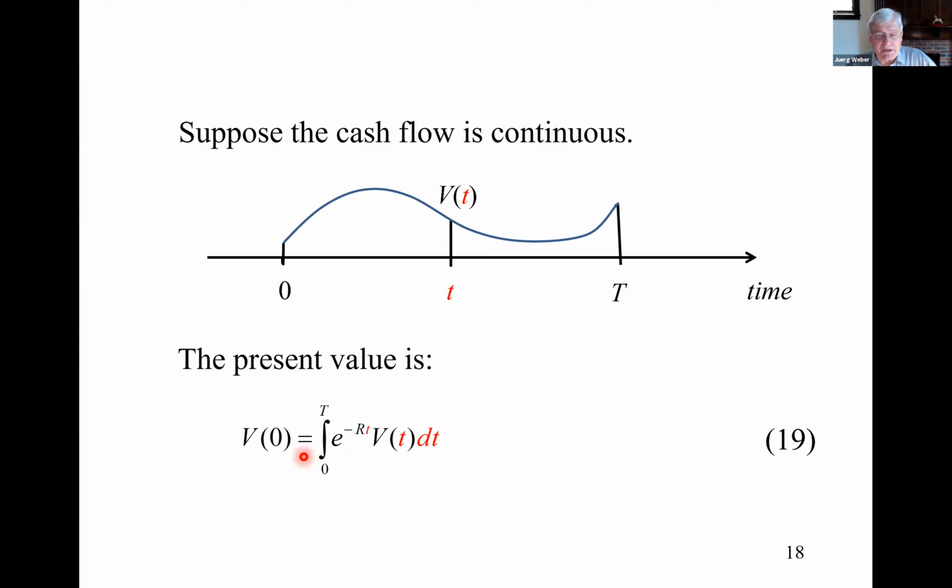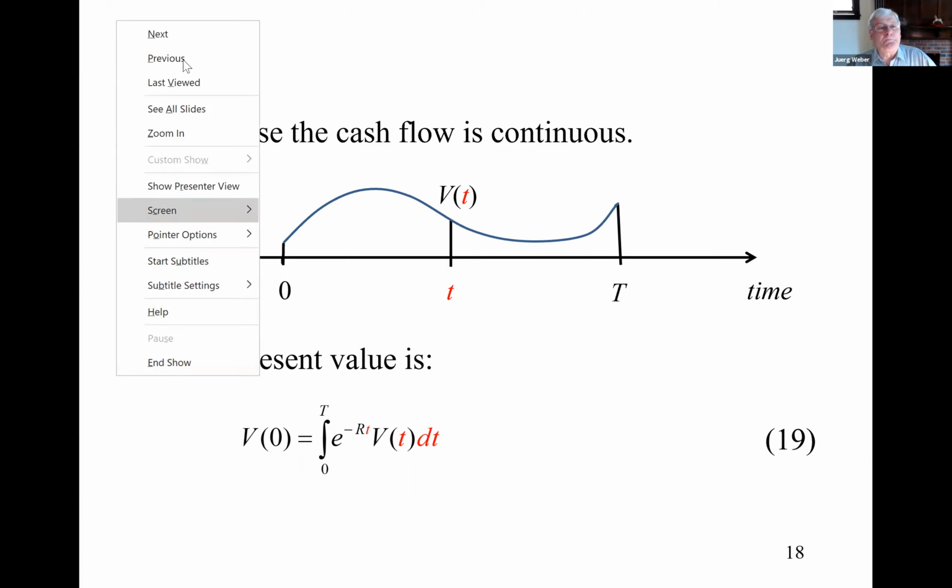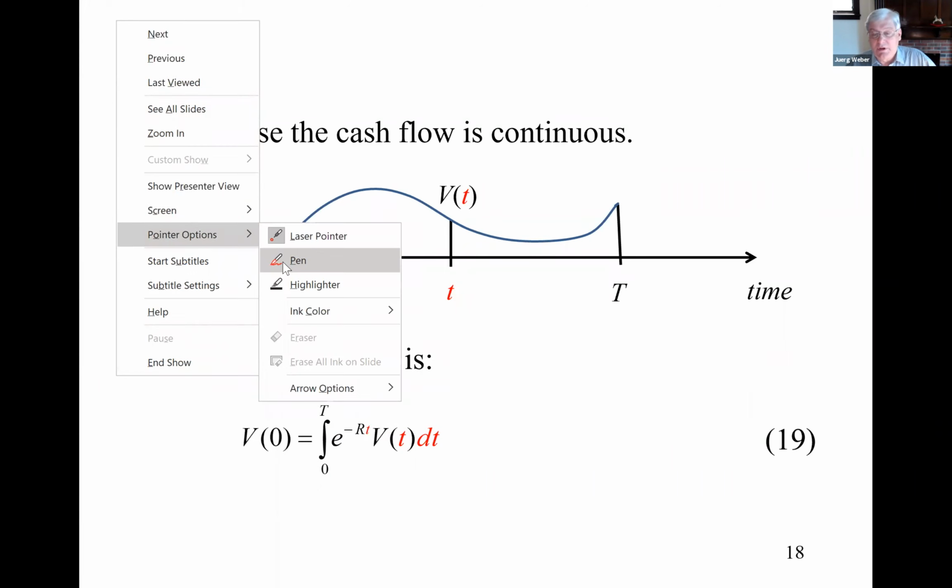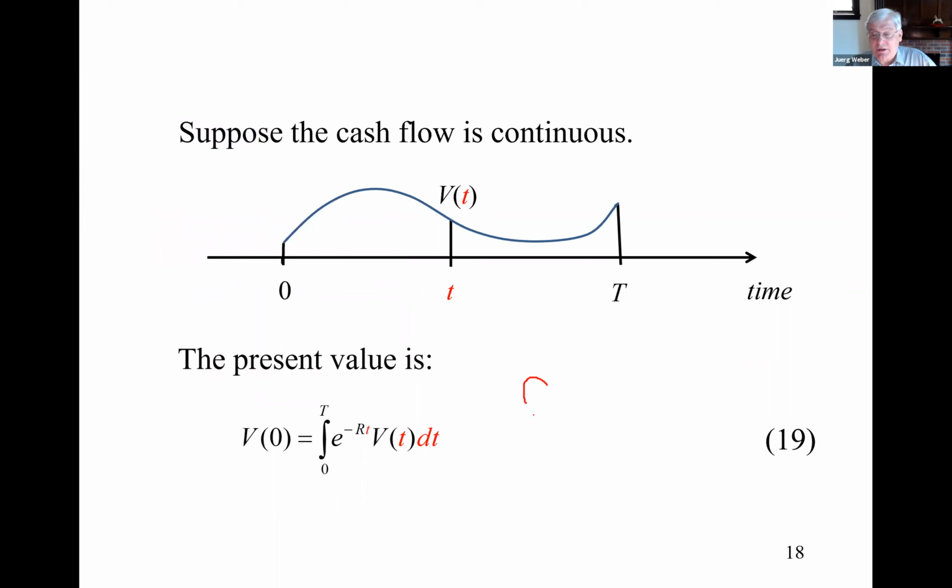An integral is a great way of understanding an integral when you do a present value calculation. It shows you what an integral is. An integral is actually just a sum. And that's why the integral sign is an elongated S. You see, you have an elongated S here.